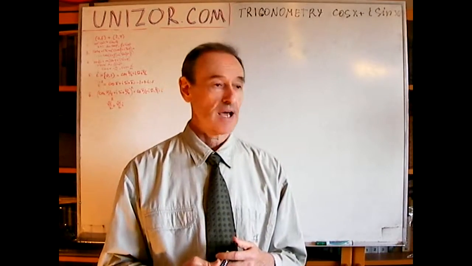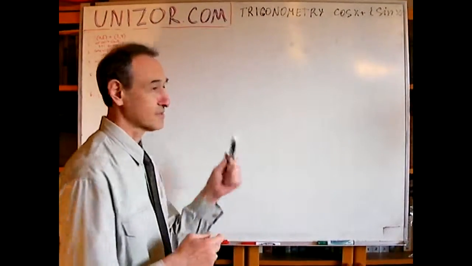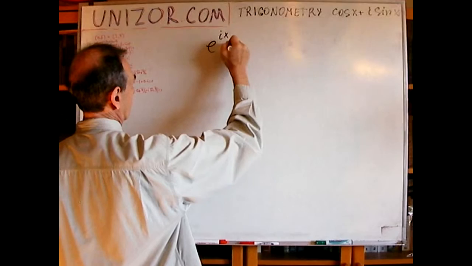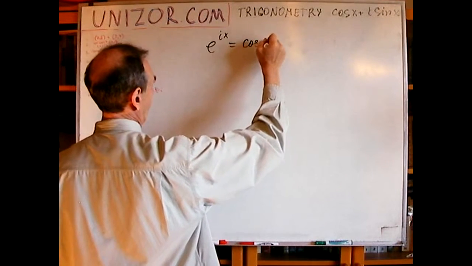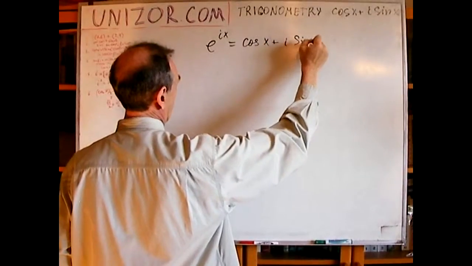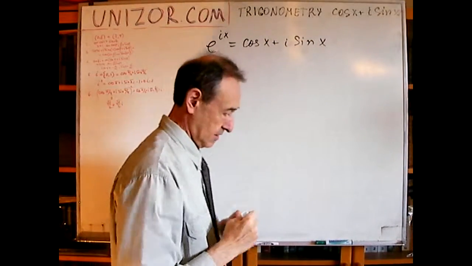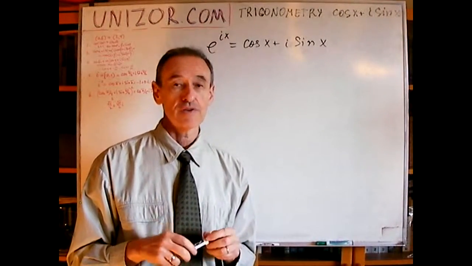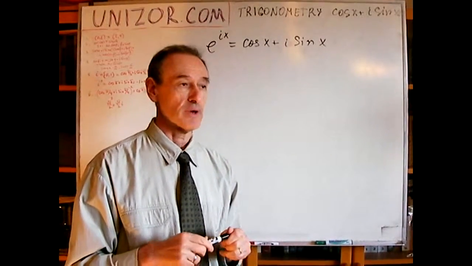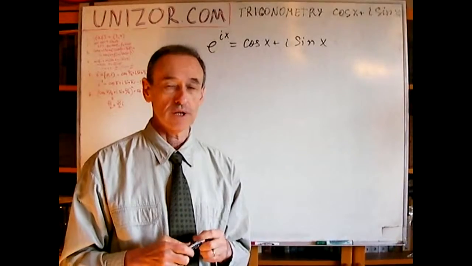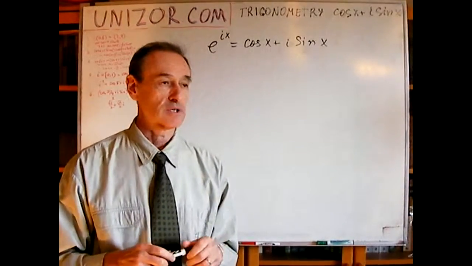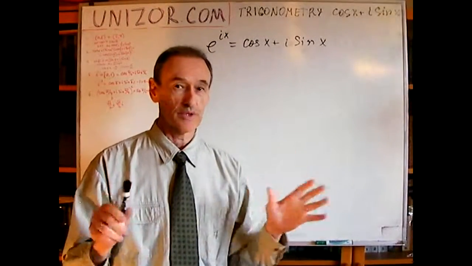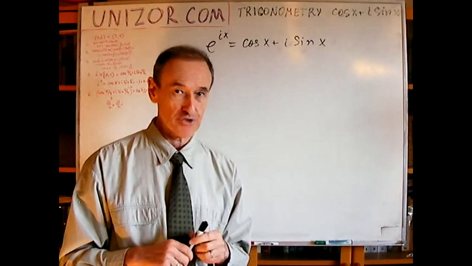And when I saw this beautiful formula for the first time, let me just put the formula. e is a very special number in algebra and analysis and differential and integral mathematics. e to the power ix is an exponent, and we don't really know what a complex exponent actually is.